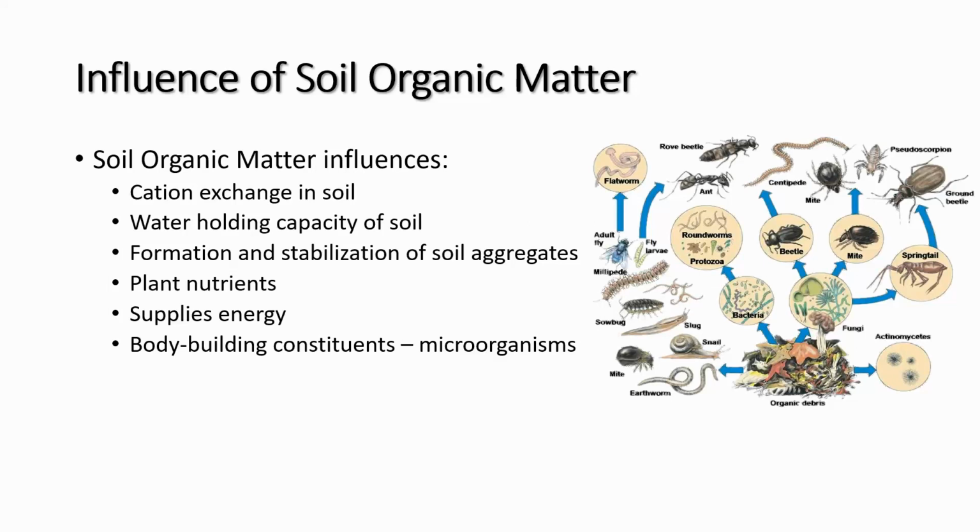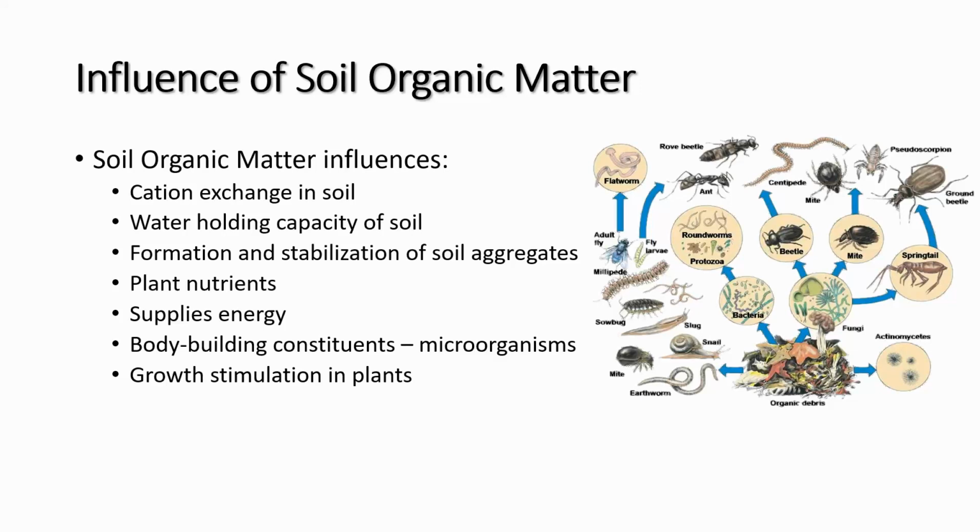Actually, they are coming from the soil: slug, snail, earthworms, sowbug, millipede, adult fly, larvae, a lot of ant, centipede, mite, bacteria, fungi, actinomycetes. They are getting the nutrients from the soil, from this organic matter, and they make it part of their body. It also stimulates the growth of the plants by controlling the moisture, temperature, nutrients, water, a lot of factors.